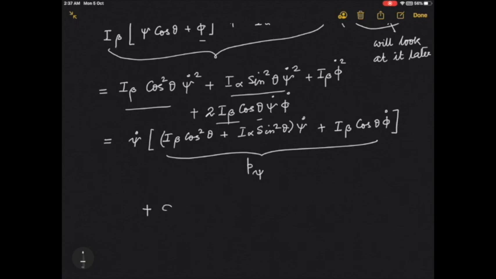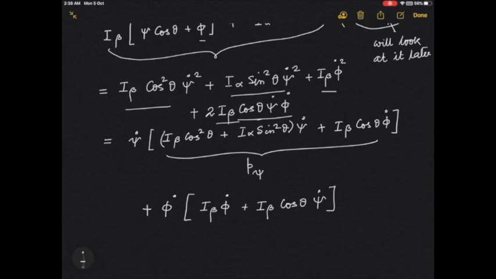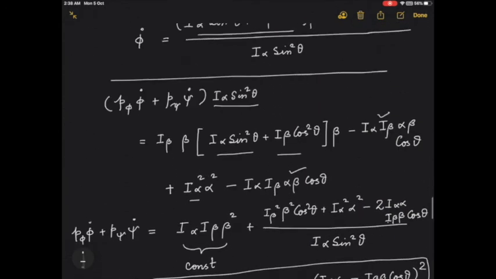If I take now phi dot common, this term gives me I beta phi dot, and the rest from here gives me I beta cos theta psi dot. So I beta phi dot plus I beta cos theta psi dot.